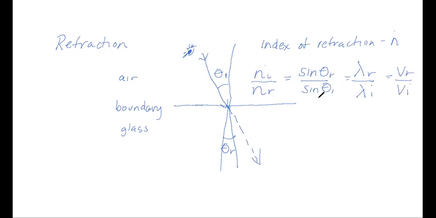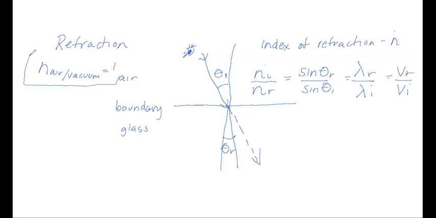Because as I've already mentioned, the reason why it bends towards the normal is because it slows down when it encounters the denser material. So a couple values, n of air or a vacuum is equal to 1.